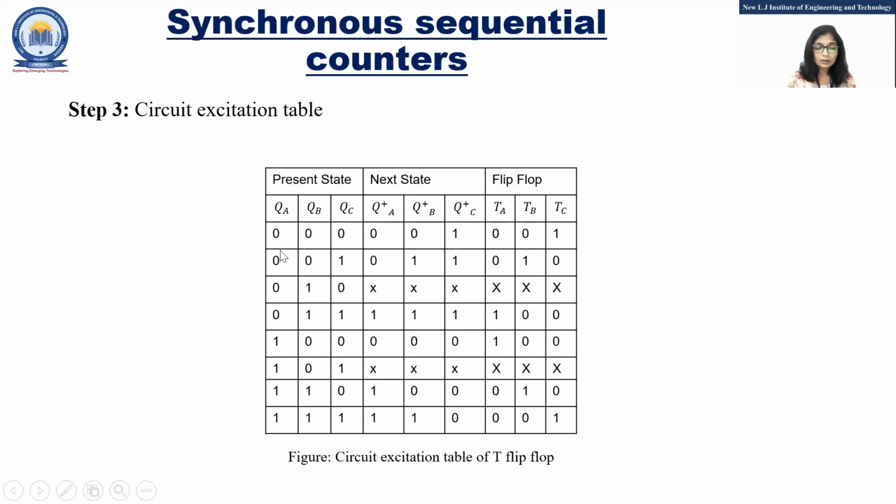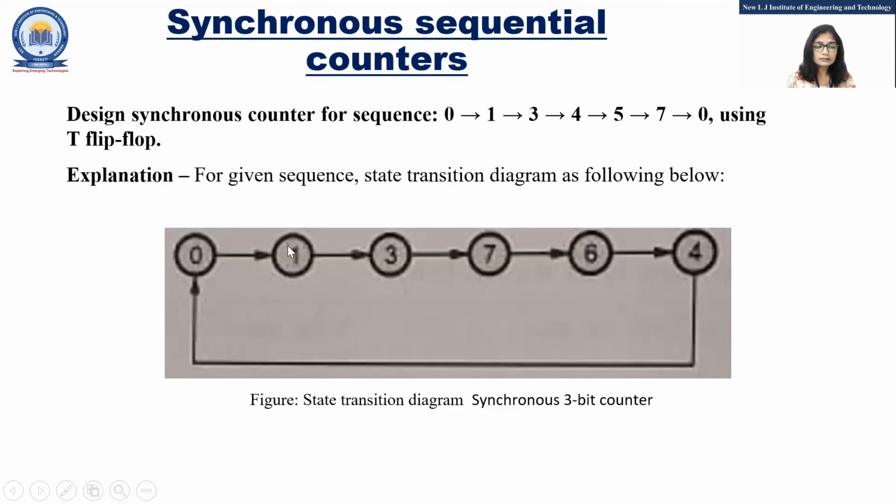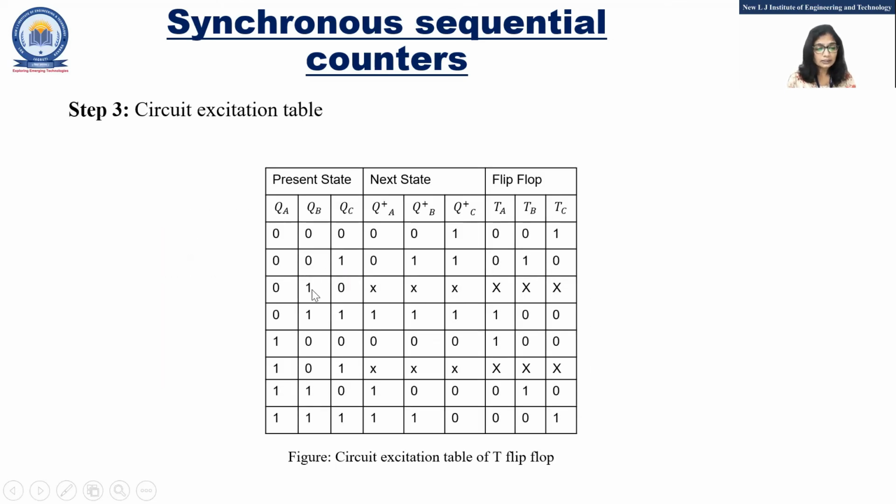Again, you have to refer to the state diagram. If current state is 0 0 0, then next state is 0 0 1. You can see here, next state is 0 0 1. Then current state is 1, then next state is 3. But here, suppose 1 is given, but 2 is not given. So here you can see we are considering 2 also. This is the standard table, right? 3 inputs are there, so 8 possible combinations I have written.